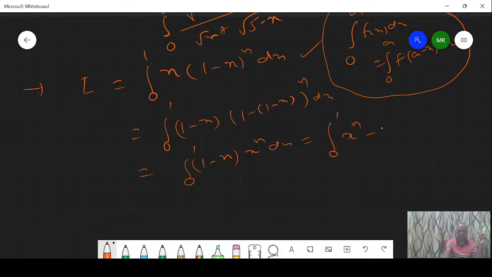This will be x power n minus x into x power n, which becomes x power n plus 1 dx.